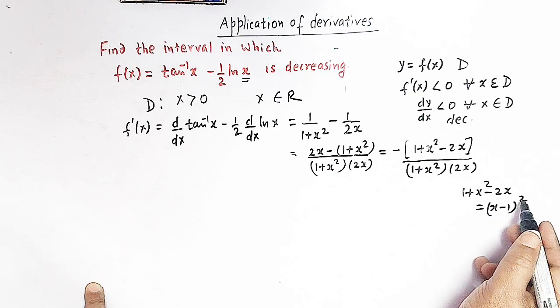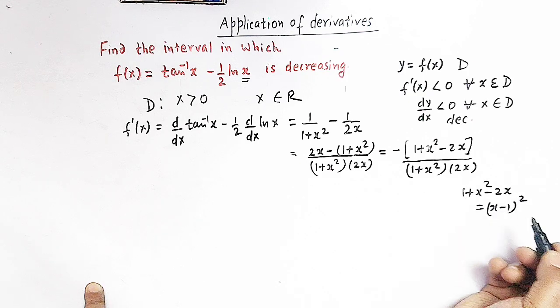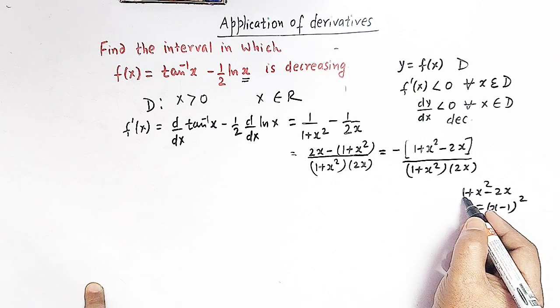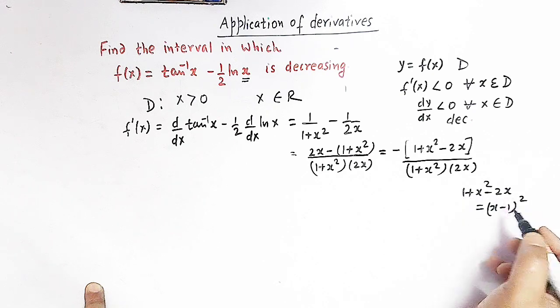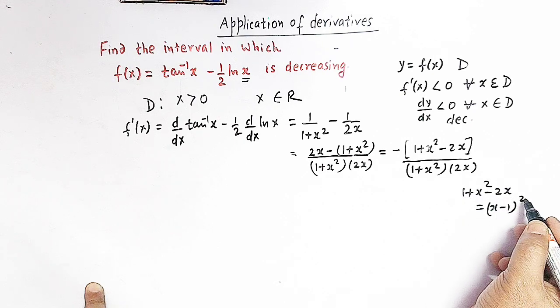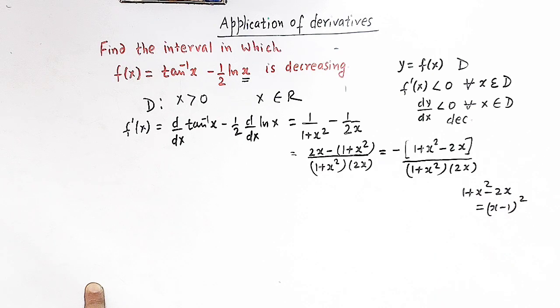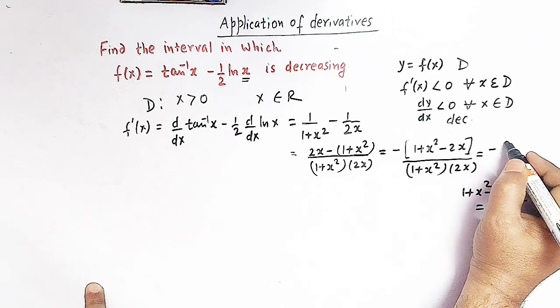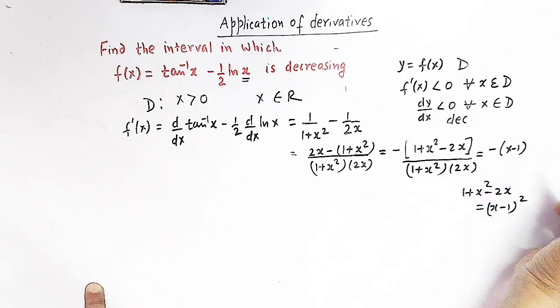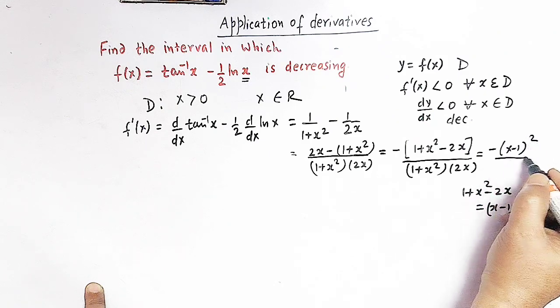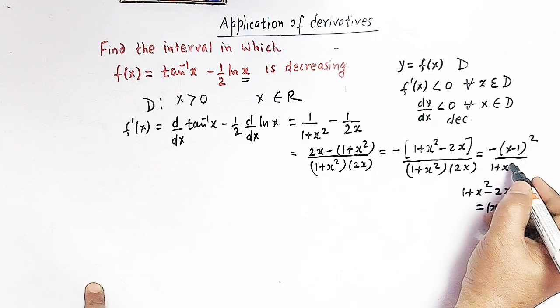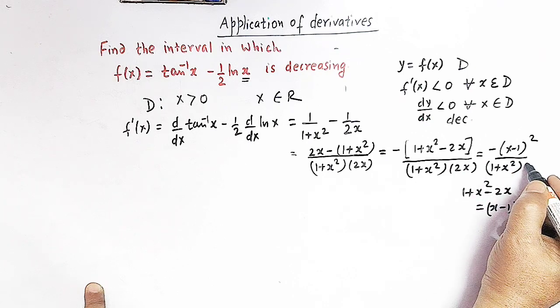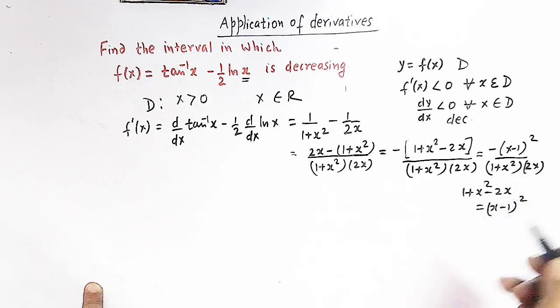So here a minus b square is equal to a square minus 2ab plus b square, that is x square plus 1 minus 2x. So now we can write here minus x minus 1 square, and we have 1 plus x square, and here we have 2x.